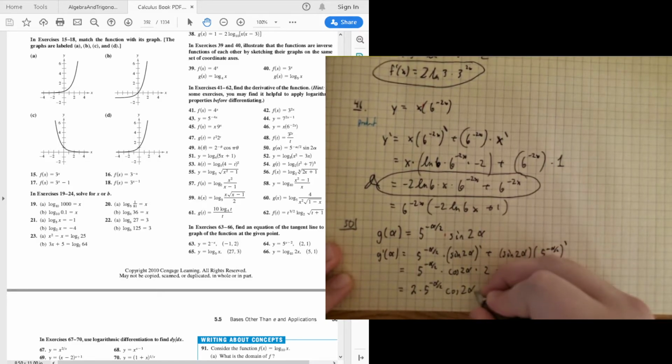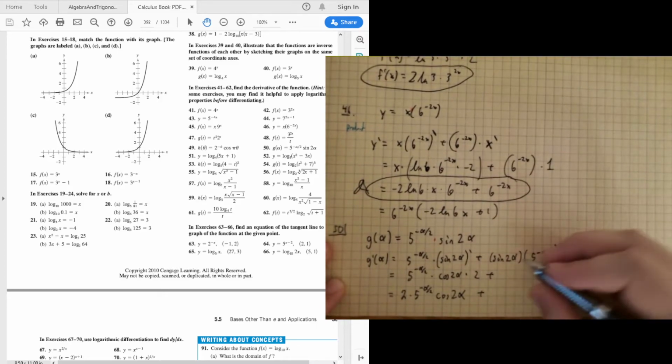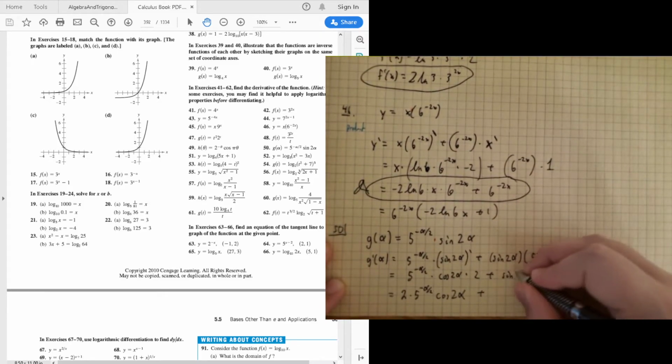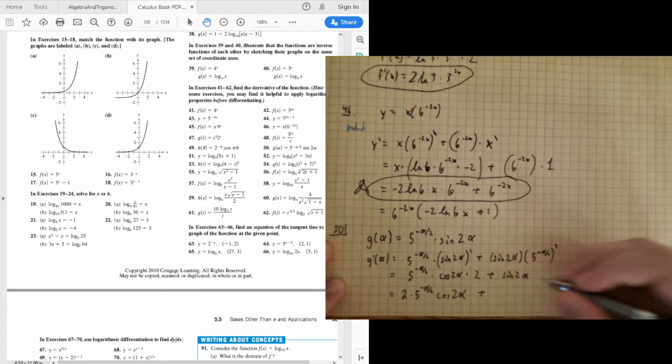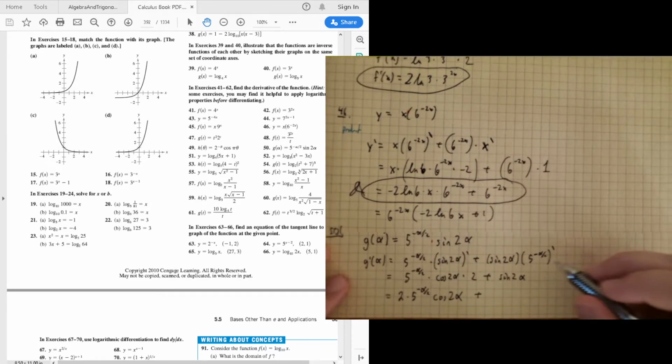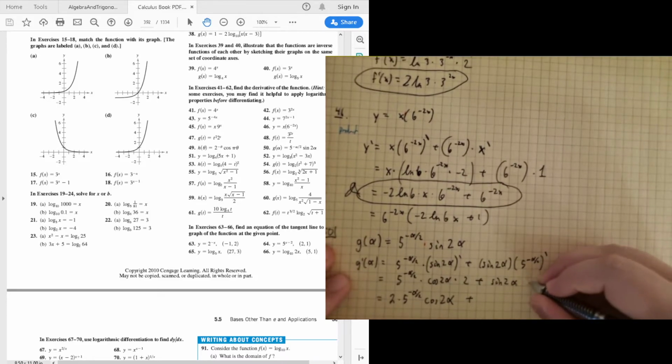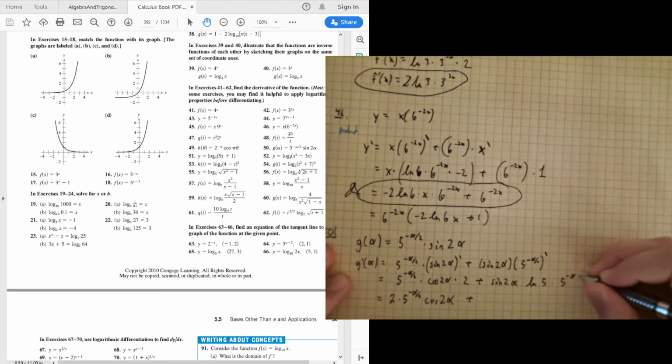Plus sine of 2 alpha would just be sine of 2 alpha. The derivative of 5 to negative alpha over 2 would become the natural log of 5, which remember is a number, times 5 to negative alpha over 2. This would be our u, and so we times it by u prime, that would be negative 1/2.